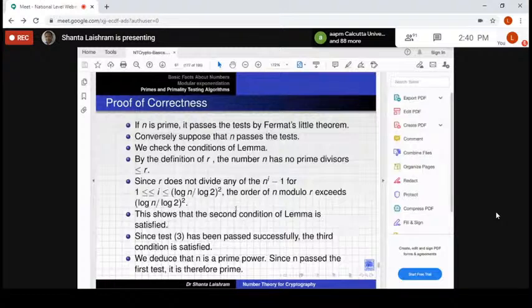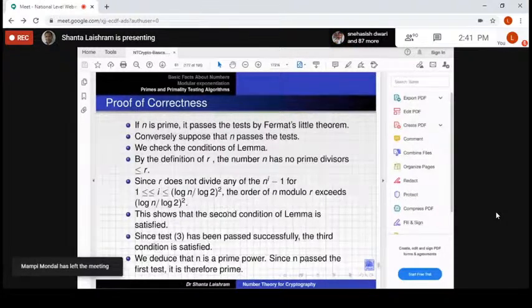This satisfies the second condition of the lemma, and since the test is passed successfully, the third condition is satisfied. So this tells you that n is a prime power. Since n passed the first test, it's actually prime. Basically the lemma tells you that n is a prime power, and because of this first test, n has to be prime, because any prime less than or equal to r doesn't divide n.